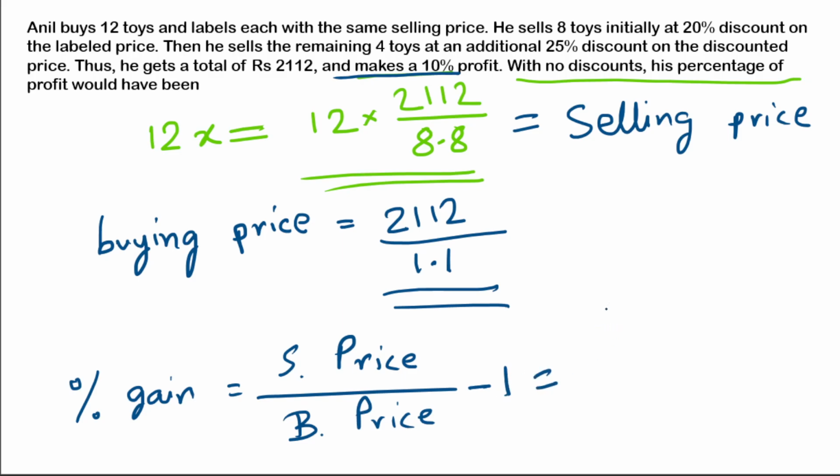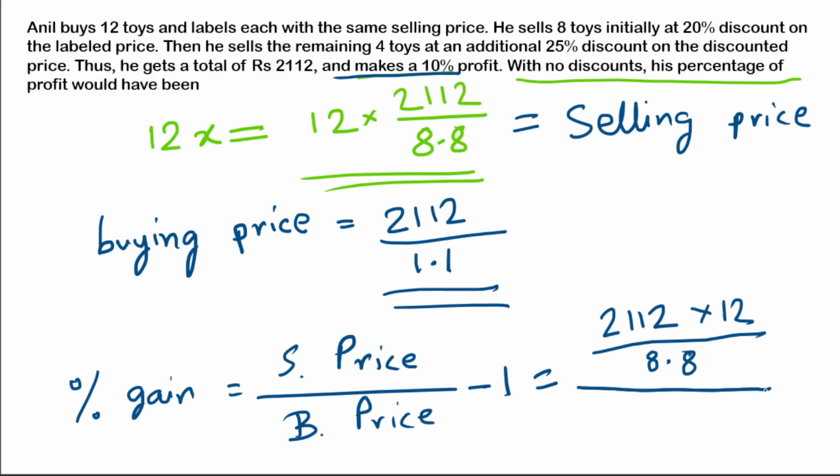So you have it, this is 2112 into 12 by 8.8, right? And what is in the denominator? This is 2112 by 1.1, right? Okay, let us try to simplify this term.